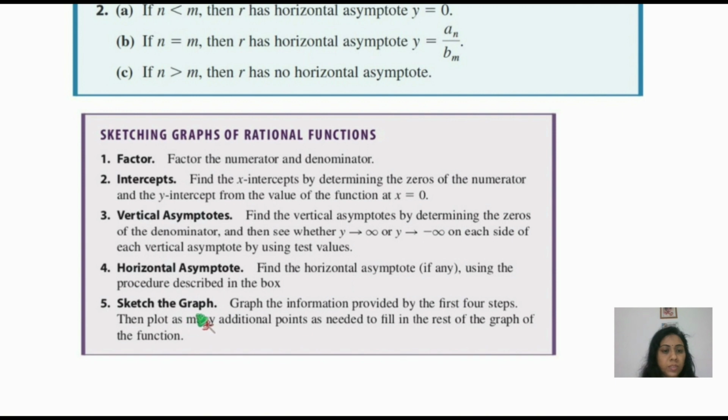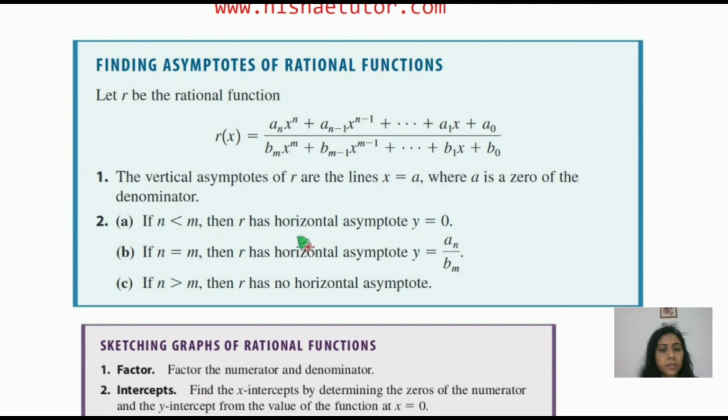And then you can find some additional points as needed, and then sketch the graph. For vertical and horizontal asymptotes, we can use this box, and we already did this in my last video, so you know all these things, right?